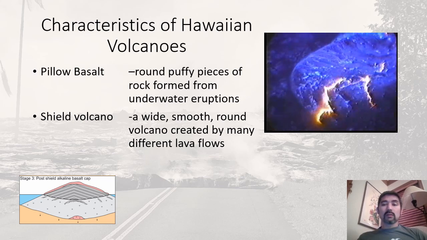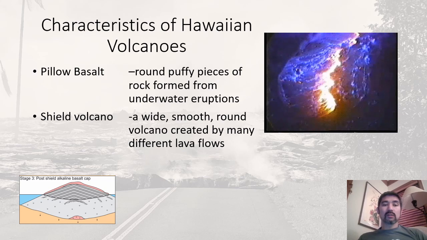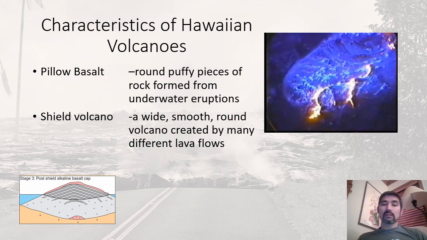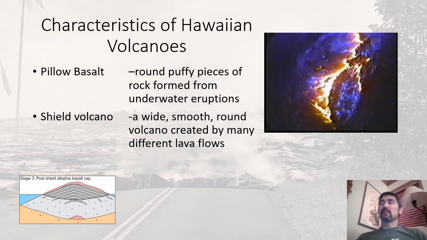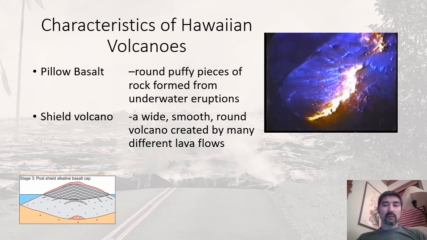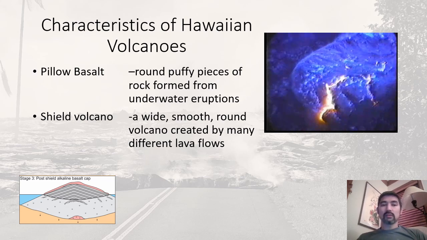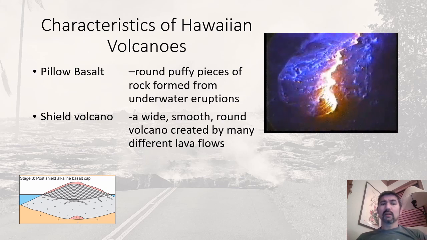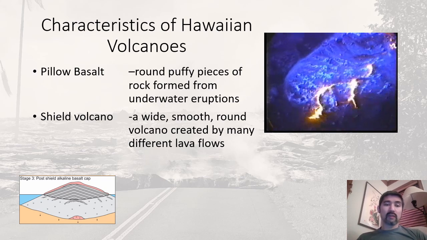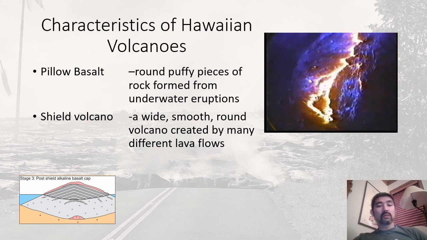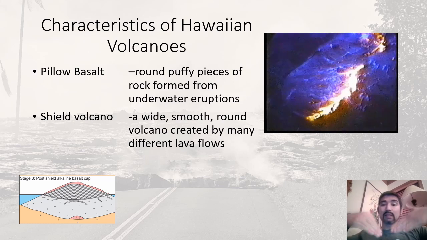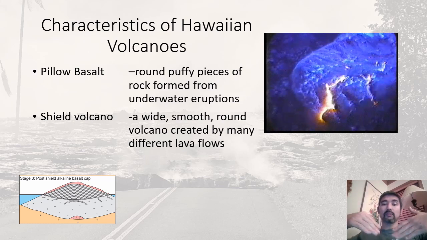Now I want to also comment on one of the characteristics of Hawaiian volcanoes, which is that they have this loose, rocky pillow basalt foundation, and that pillow basalt is not very strong. These shield volcanoes are giant and heavy. In fact, in this image here, we can see that the Earth's crust is actually bending beneath the weight of this volcano.